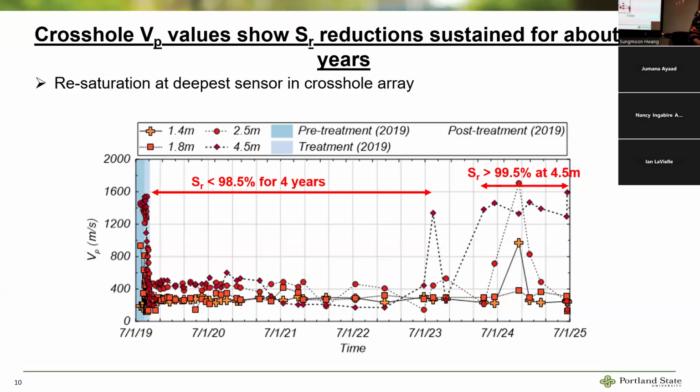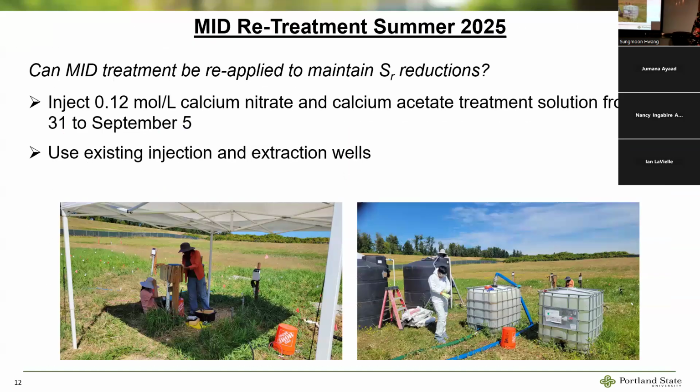I'm curious, does the vegetation have any impact on this different saturation? It just looks like grass, but... we don't really see... Let me look at a picture. So it was interesting. I don't think that the vegetation has any impact on what we're seeing 2 to 6 meters below the ground surface where we're treating.